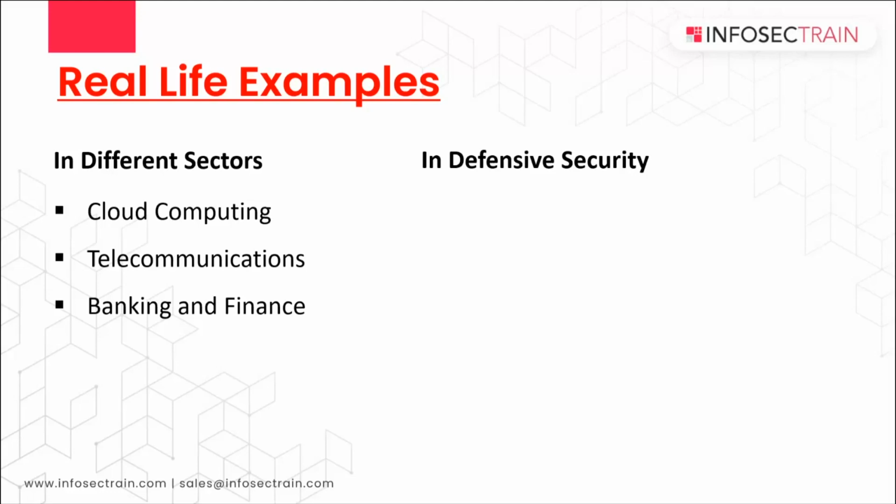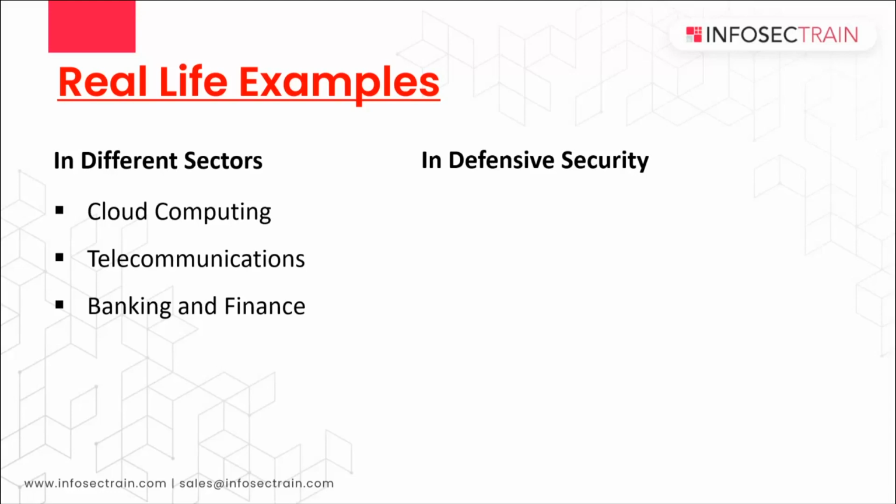24/7. For banking and finance as well, they require a high level of network redundancy to ensure that their services are always available to their customers, and they use redundant network connections and multiple data centers to ensure that network traffic can be automatically rerouted in the event of a network outage.